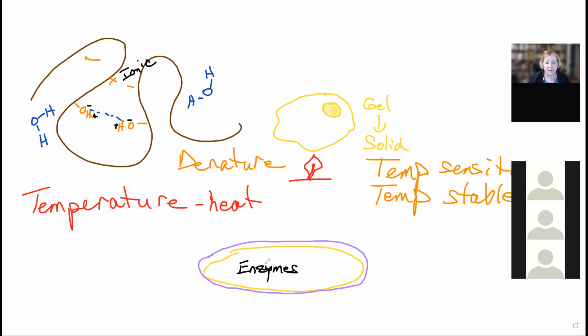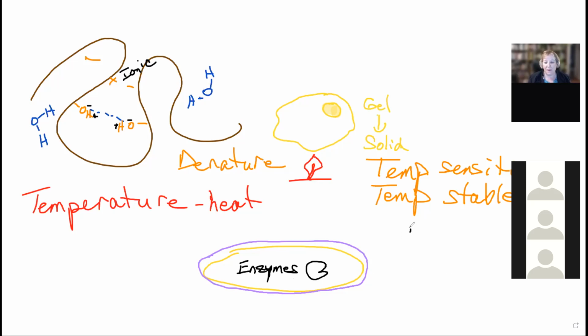Structural proteins are also sensitive to temperature, but enzymes especially so. So I'm going to get my cartoon of an enzyme here, kind of our little Pac-Man shape. So enzymes have a particular temperature that they work best at. And that influences the temperature that the microbe will grow best at.